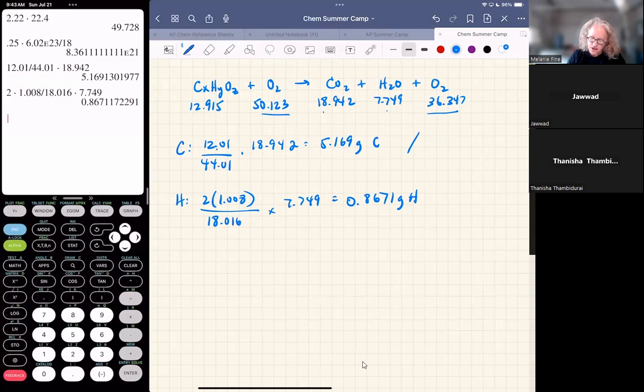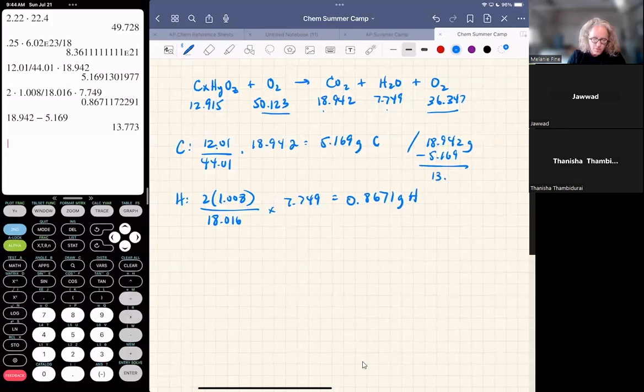So in carbon dioxide, 18.942 grams minus 5.169 is going to give me oxygen, right? 18.942 minus 5.169 gives me 13.773 grams oxygen.